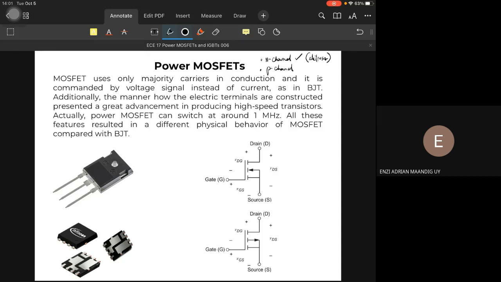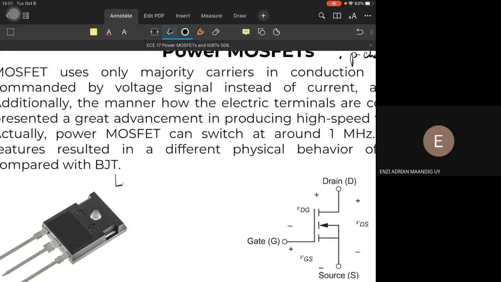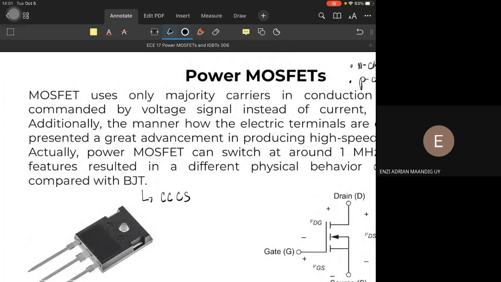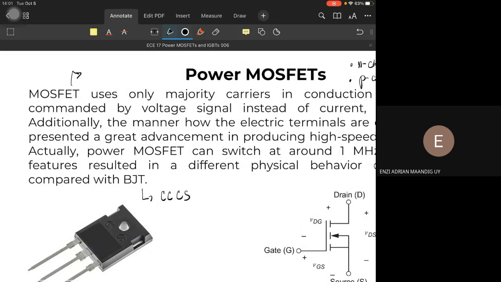It's because, as you could remember, a BJT is a current-controlled current source, whereas the MOSFET is a voltage-controlled current source.